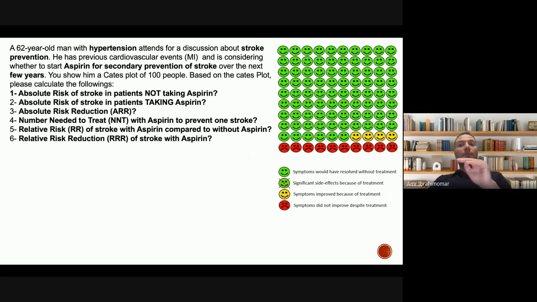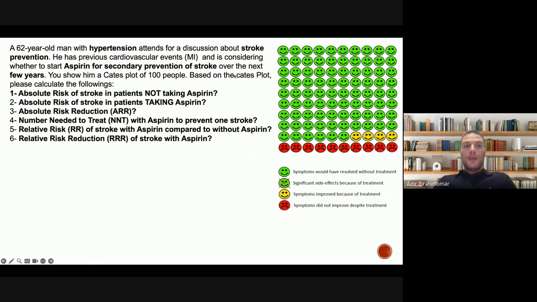So it will be the number of the event of interest divided by the total number. So I'm interested in those who will develop a stroke if all of them didn't take aspirin. In another way, he's asking about the red faces, because if we didn't give aspirin, how many will have? Sorry, guys, he's interested here to ask about the red and yellow faces, not only the red faces.